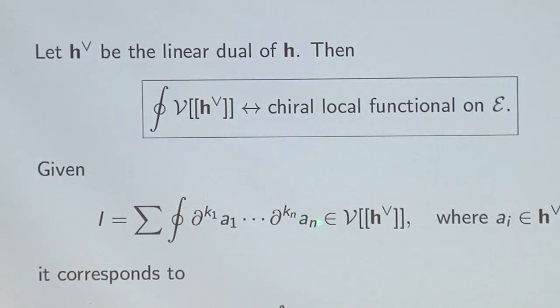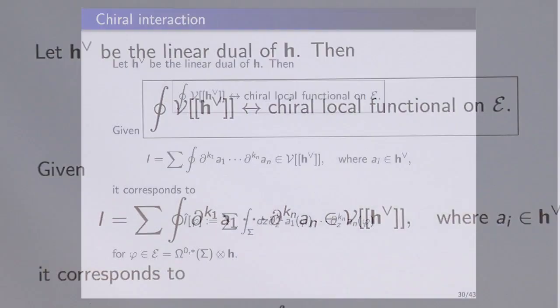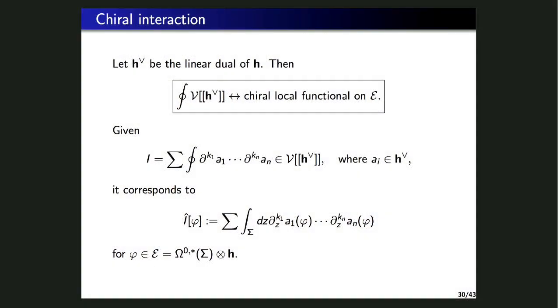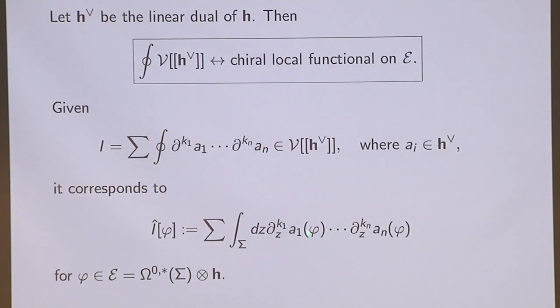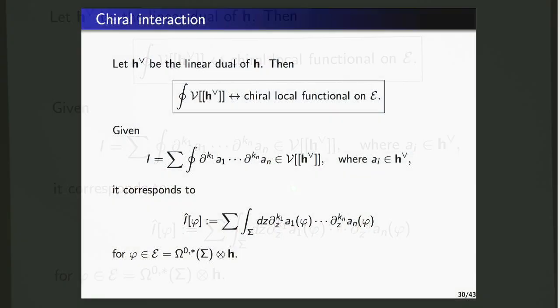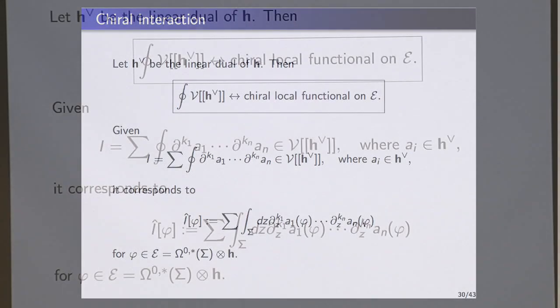So if you pick any element here, it's like polynomials, differential polynomials. a_i is an element of H. Then you can construct a local functional on the space of fields by, for example, this element means you pair a_i with phi on this H parameter, you get some differential forms, you take the wedge product and integrate. And this actually gives rise to all the possible local Lagrangian densities with holomorphic derivatives. So this is how these two data are related.